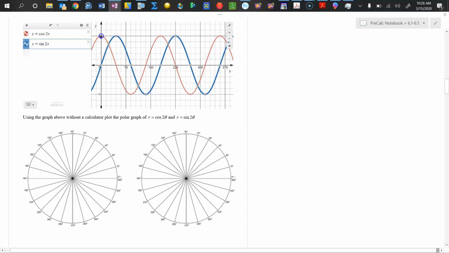And so what we're going to do is the same thing we did last time, graph critical values. As you know, the cosine is equal to 1 at 0. Cosine of 2x is also equal to 1 at 0. The cosine is equal to 0 at 90, but in this case it will be 0 at 45 degrees because of the horizontal shrink by a factor of 1/2.